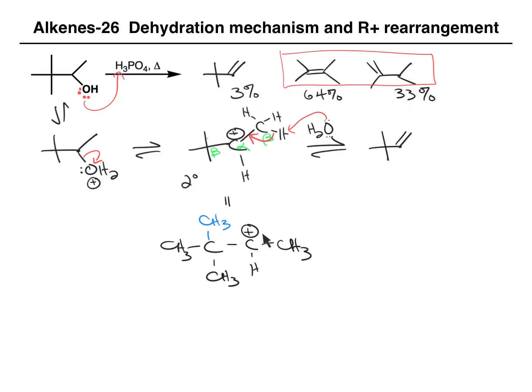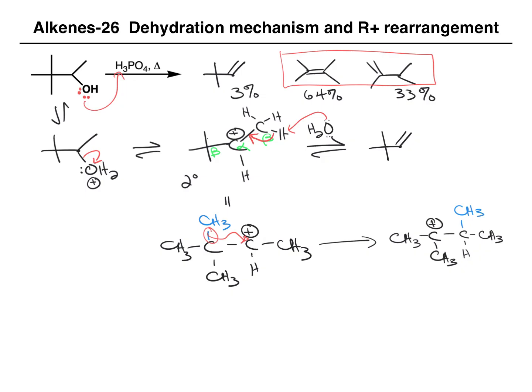So right now we have a secondary carbocation. If the blue methyl group with its pair of electrons decides to take these electrons and share them with this carbon, then we are going to get this intermediate.